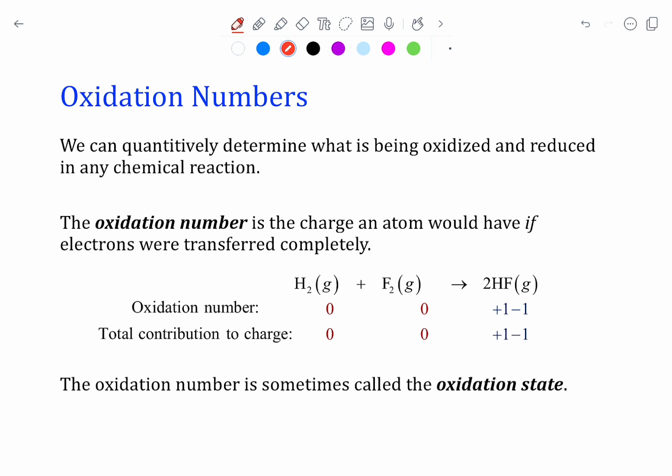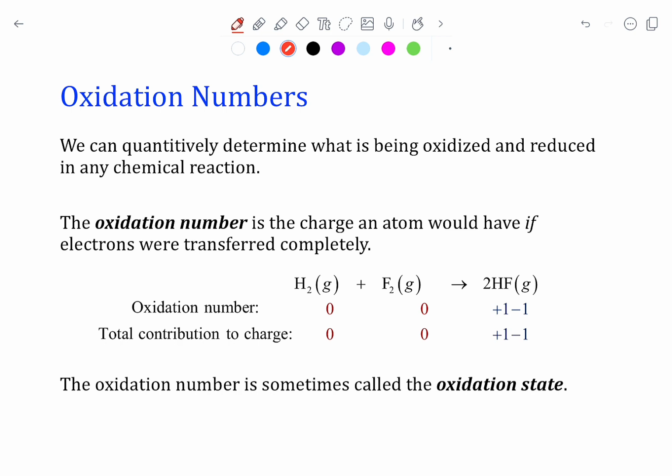The oxidation number is the charge of an atom, or the charge that the atom would have if electrons were transferred completely. Oxidation number is kind of like a little fun Sudoku type game, because you're just filling in numbers. But it's all whole numbers, there's no halves or anything like that, it's just counting.